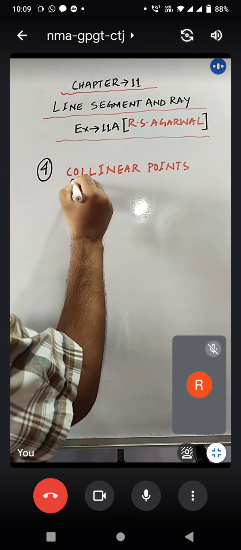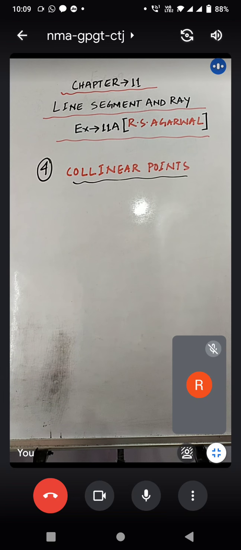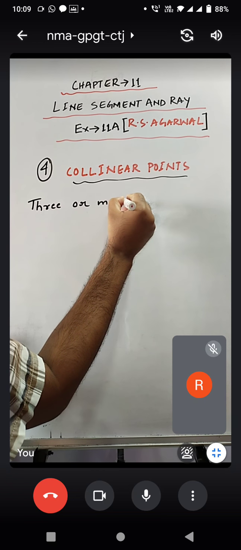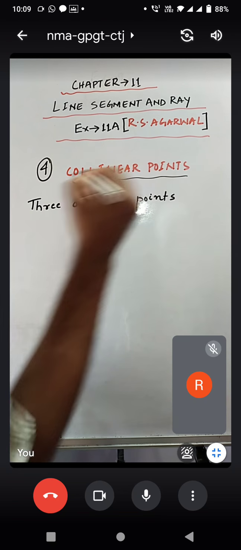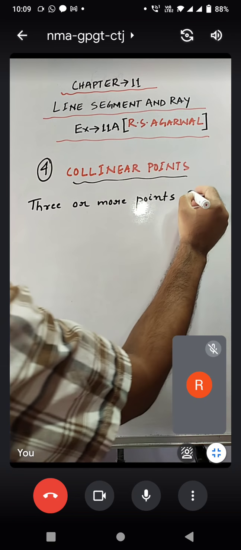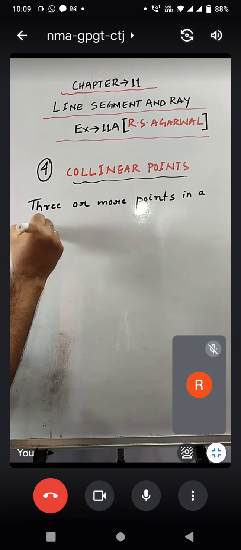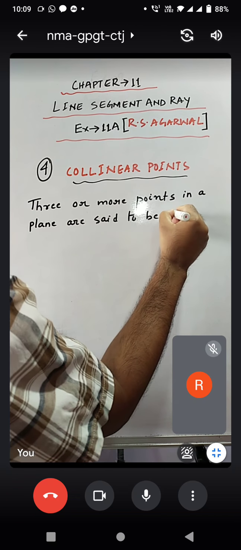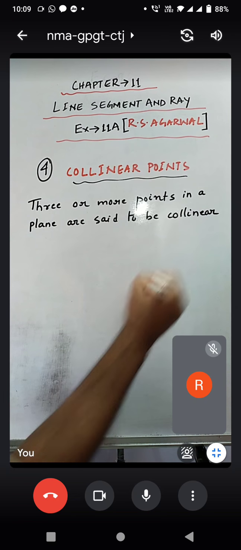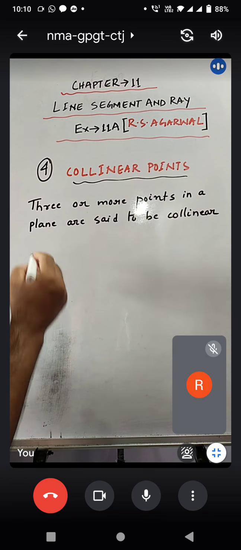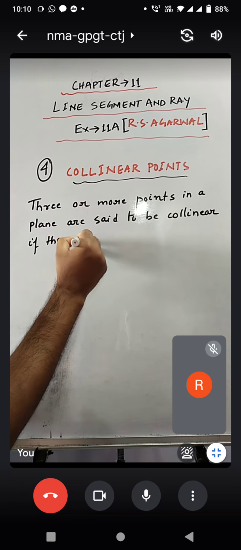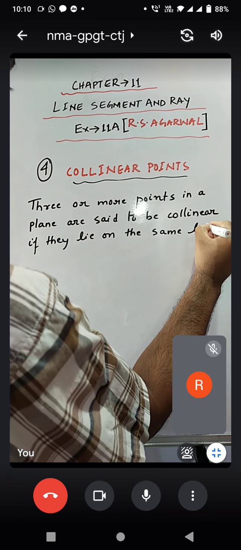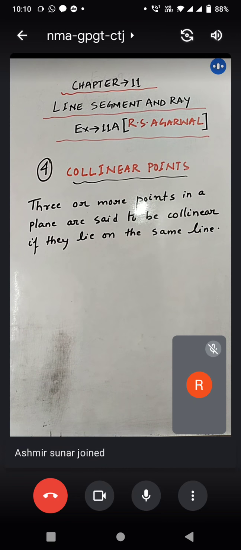The definition is: three or more points in a plane are said to be collinear if they lie on the same line. So this is the answer to the first question.